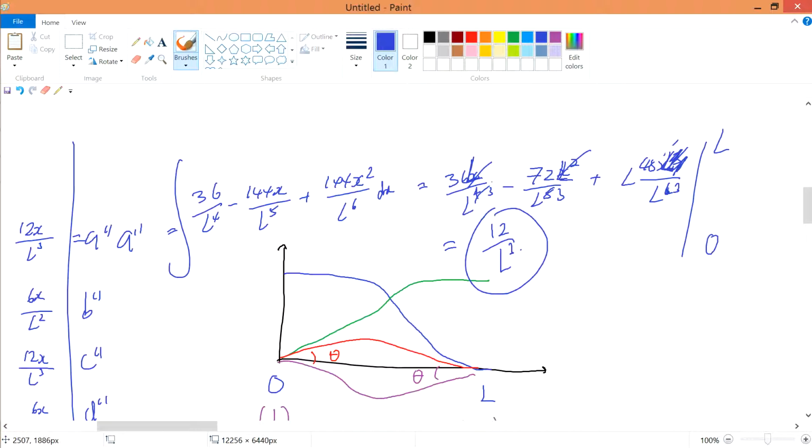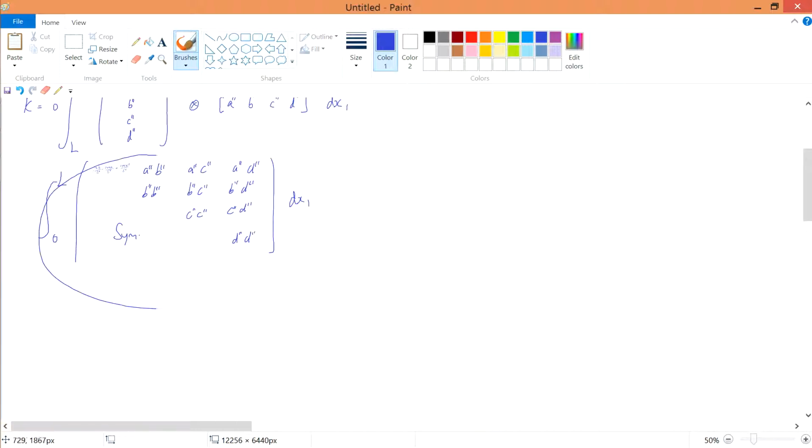So therefore, if I integrate all of them, I'll have 12 over L cubed. If it's A prime prime B prime prime, I will have 6 over L squared. If I integrate A prime prime and C prime prime, I'll have 12 over L cubed, and so on and so forth.